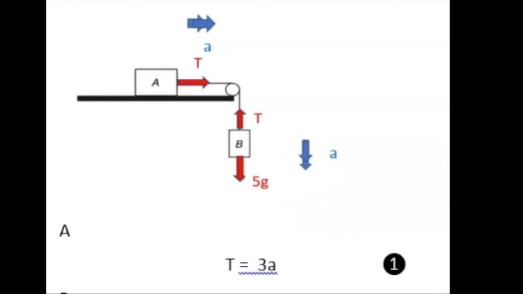Let's consider mass A. The only force acting on it is T, the tension, and it is accelerating to the right. So if we use force as mass times acceleration, T equals the mass of 3 times the acceleration, T equals 3a.